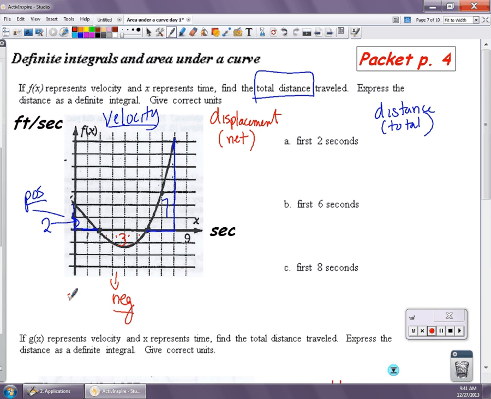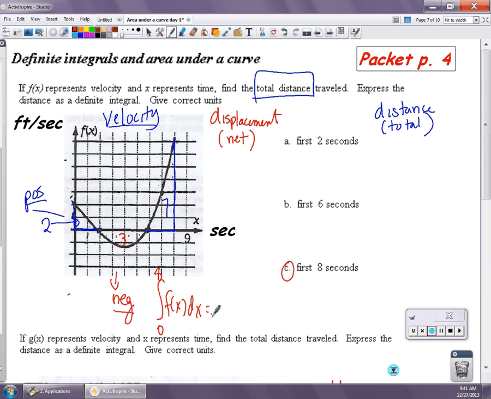So if I find, let's do letter C, the displacement during the first 8 seconds, then what I would be doing is calculating the definite integral from 0 to 8 of f of x dx. So when I write the definite integral straight across, that means net area, the positive area stays positive, the negative area stays negative.